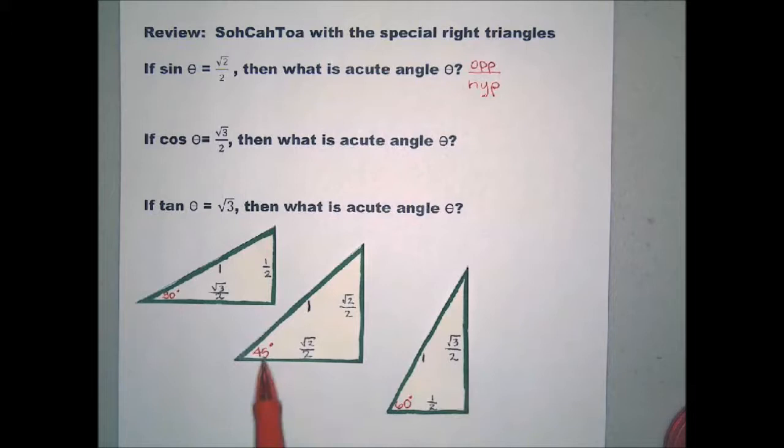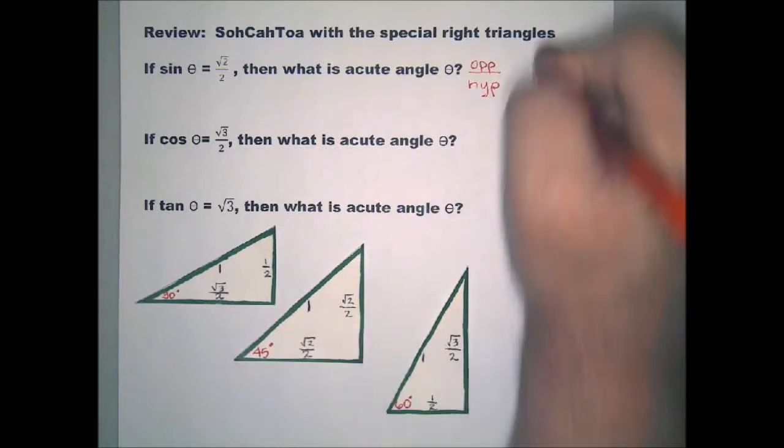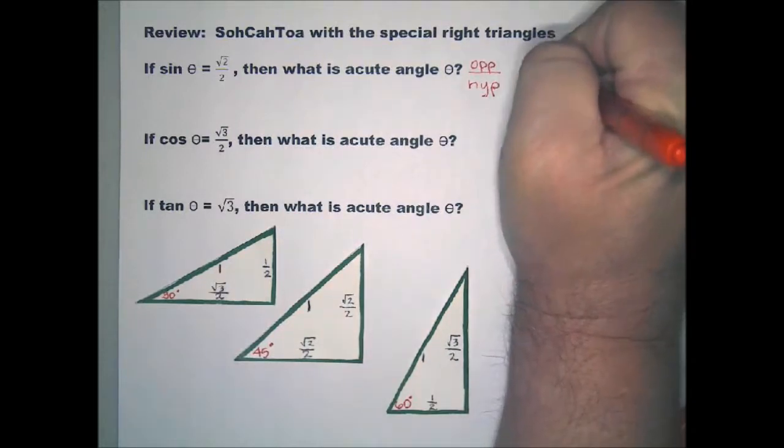And the answer is this 45-degree angle right here. Opposite, root 2 over 2, over hypotenuse, which is 1. So root 2 over 2 over 1 is simply root 2 over 2. So that must be the 45-degree angle.